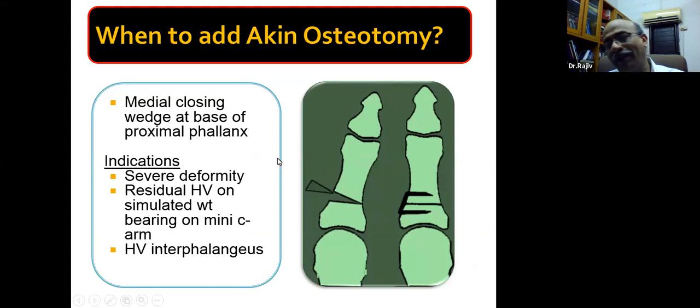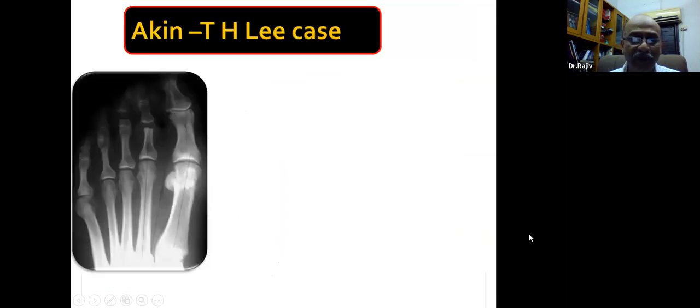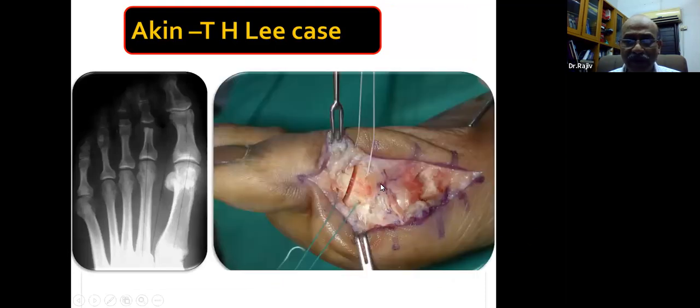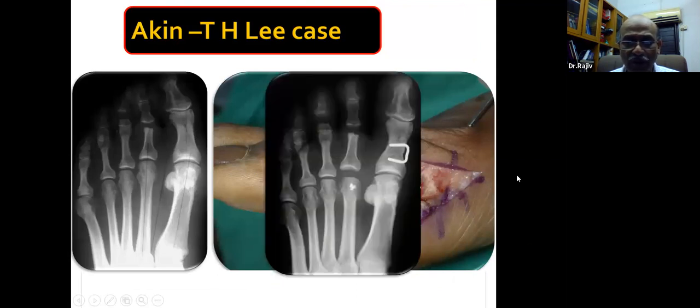After doing scarf osteotomy also, you may feel that there is some undercorrection, there is some rotation of the phalanx. It is at that time that you do this Akin's osteotomy and you correct the angle. So this patient of Dr. T.H. Lee, my mentor, this is the Akin's osteotomy, medial open wedge osteotomy, which will be closed.